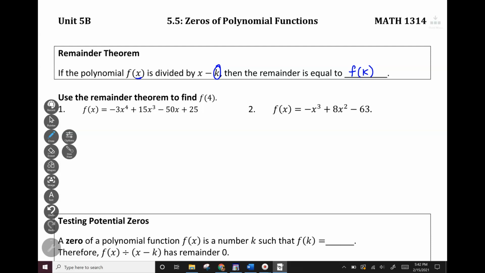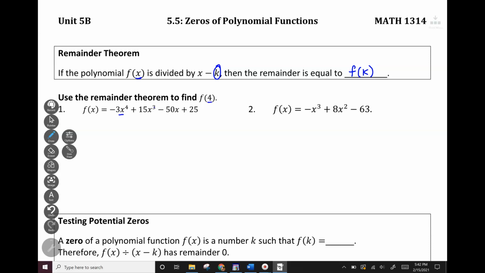Now you might be thinking, but isn't it easier just to plug the number into the function? Well, if I took away your calculator, you wouldn't think so, because then you would have to be, let's say, plugging this 4 in for x here. You'd have to do -3 times 4 to the power 4. Well, you may not even know what 4 to the power 4 is in the first place, so then you've got to do some multiplication there before you can even multiply by -3.